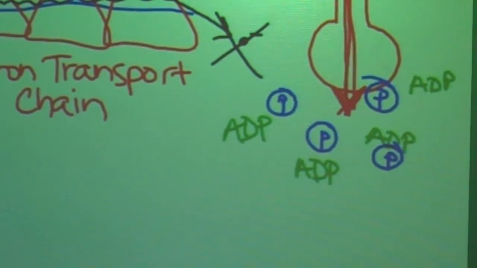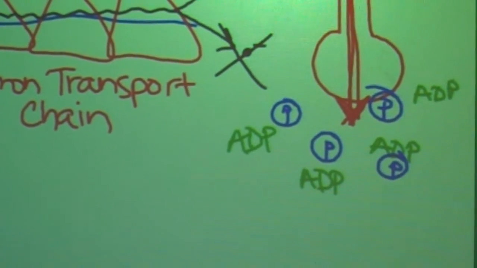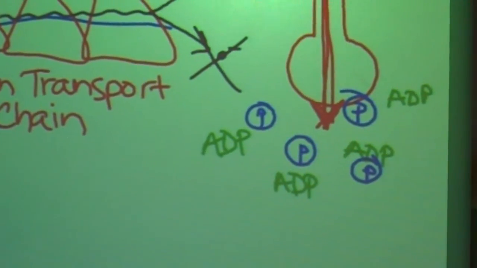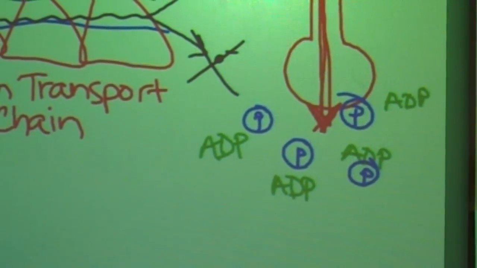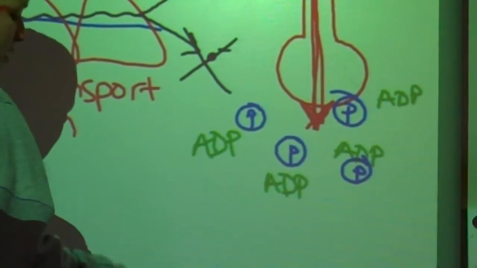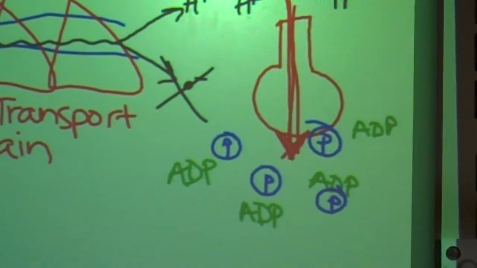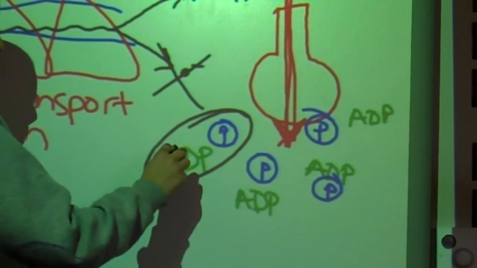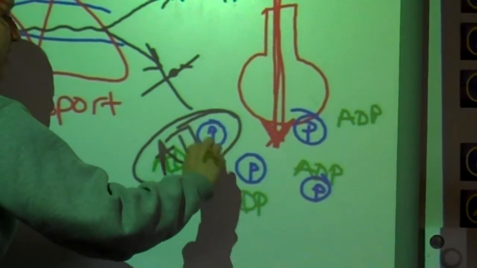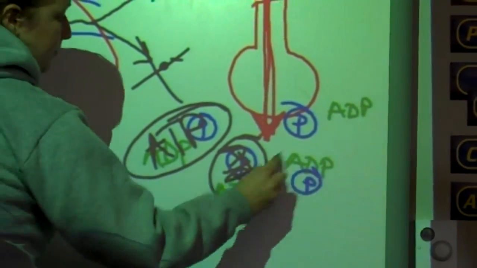They're just kind of close to each other, but really they're like, stay away. Don't get too close. I need my personal space. ATP synthase, synthesis, make ATP. So when these hydrogens move through the ATP synthase, it's going to cause ADP and P to find each other. And then when ADP and P find each other, we make usable ATP.